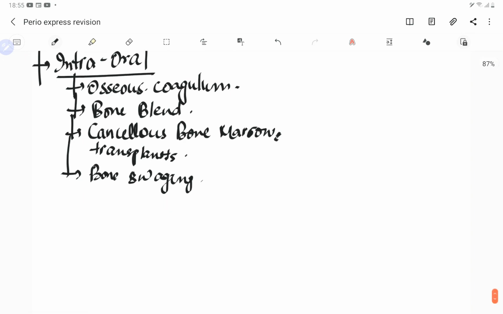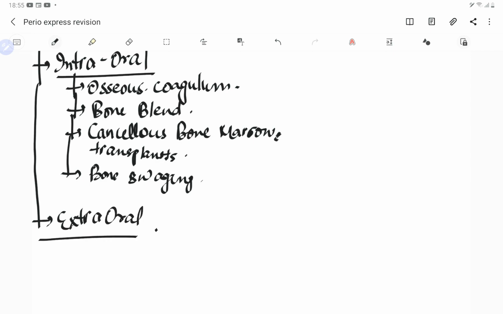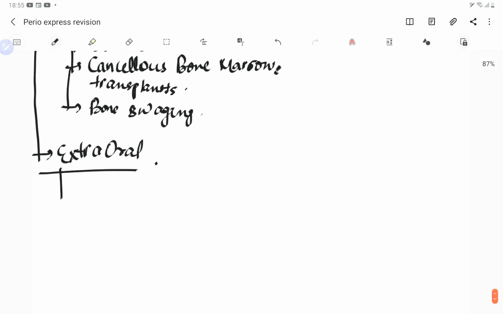Or guys, you can also take it from the extraoral site, like this is the intraoral, then you can also take it from the extraoral. Extraoral can be your, see, intraoral sites are like chin, tuberosity. If any exostosis is present, you can take it from there. Tori is present, you can take it from there, and the ramus, but it is difficult to take it. So extraoral sites are basically iliac crest, which is the most important one.